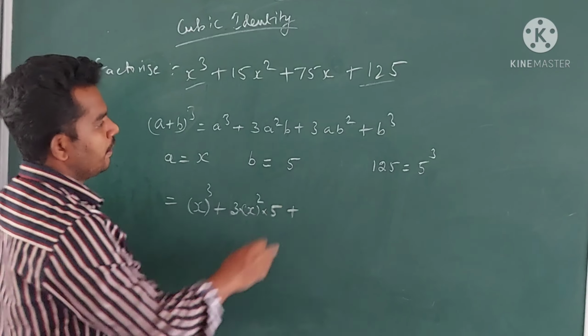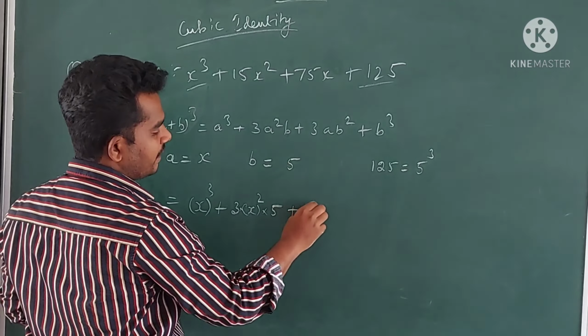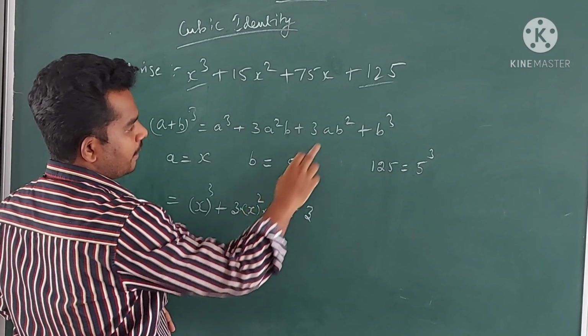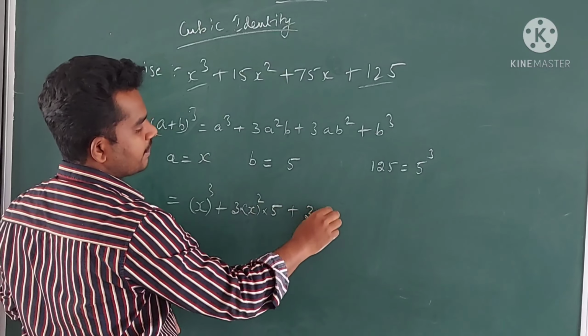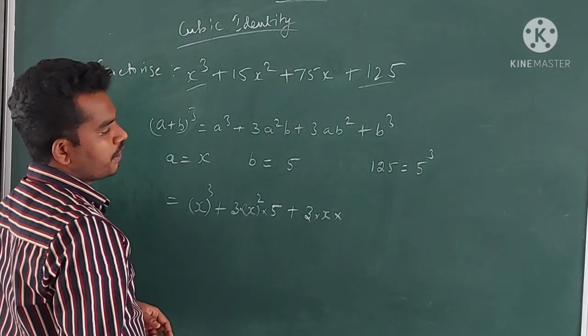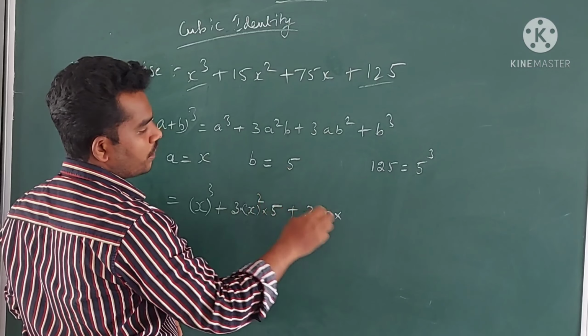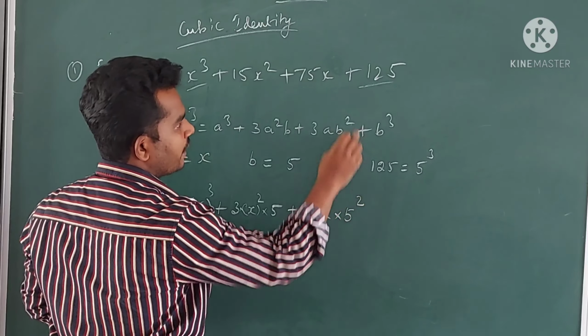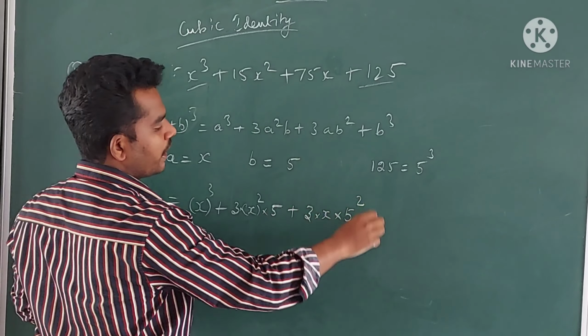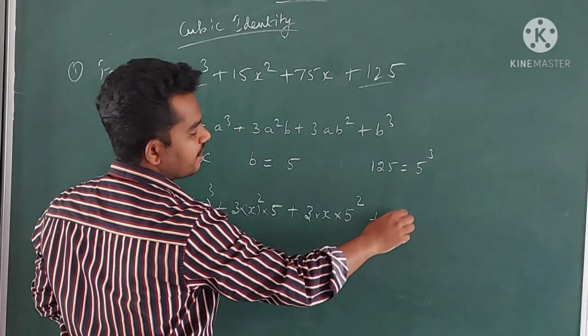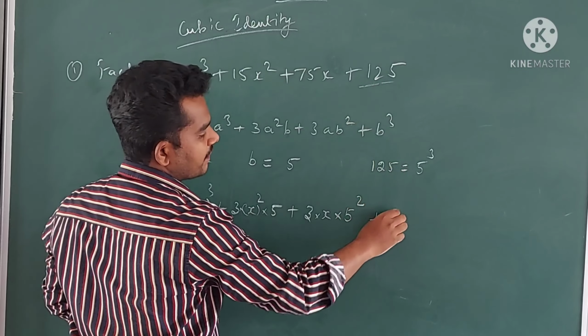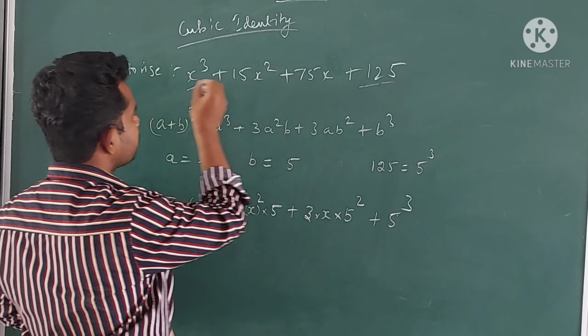Plus, in the formula 3 is there, a is x, into b square, that is 5 square. Why? Because it is b square. b cube is 125, written as 5 cube. Observe this identity.